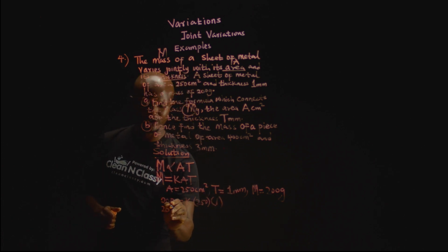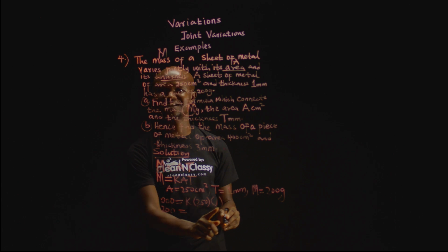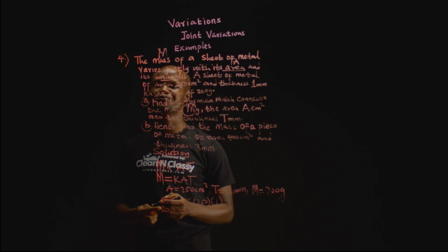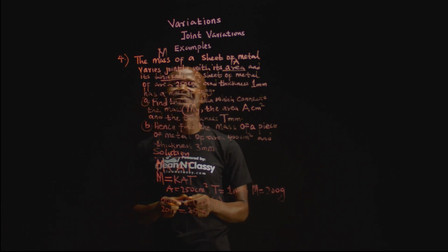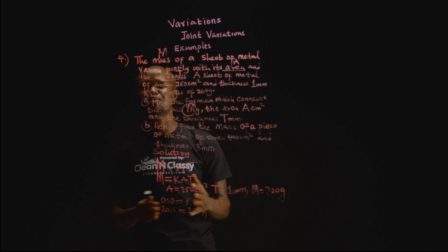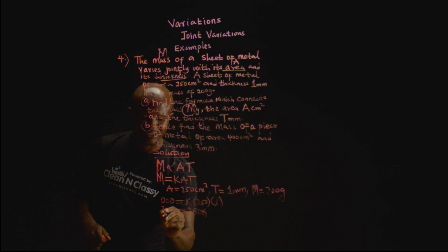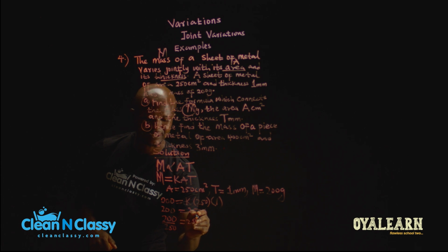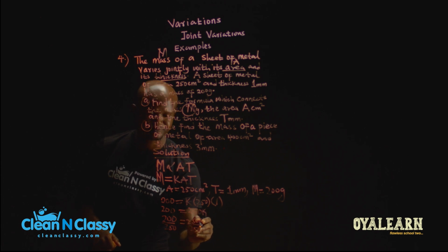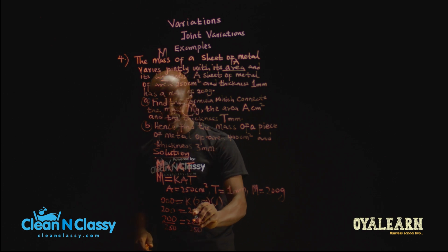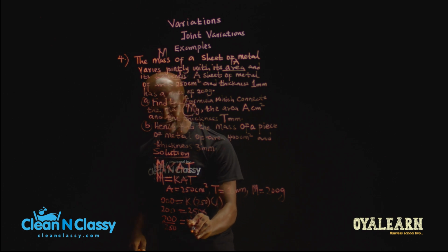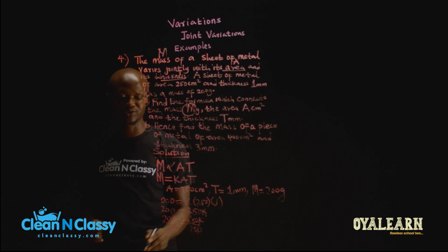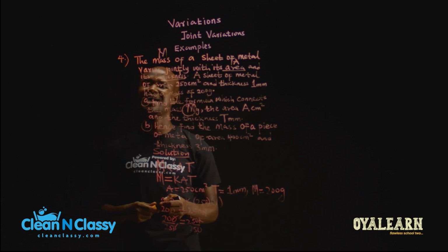So we write 200 is equal to 250 times 1, which is 250. So we have at the right hand side 250K. How do we find K? The number in front of K is 250, so we divide both sides by 250. 250K divided by 250 gives K. At the left hand side, 0 goes with 0, so we have 20 divided by 25.